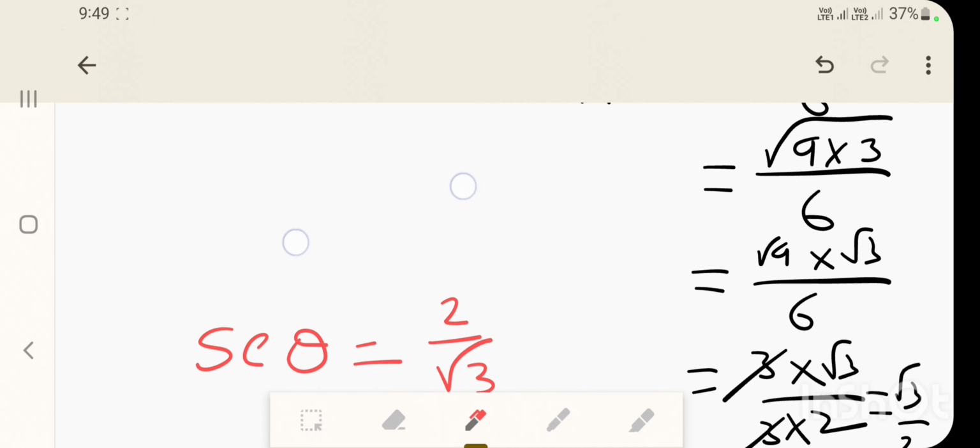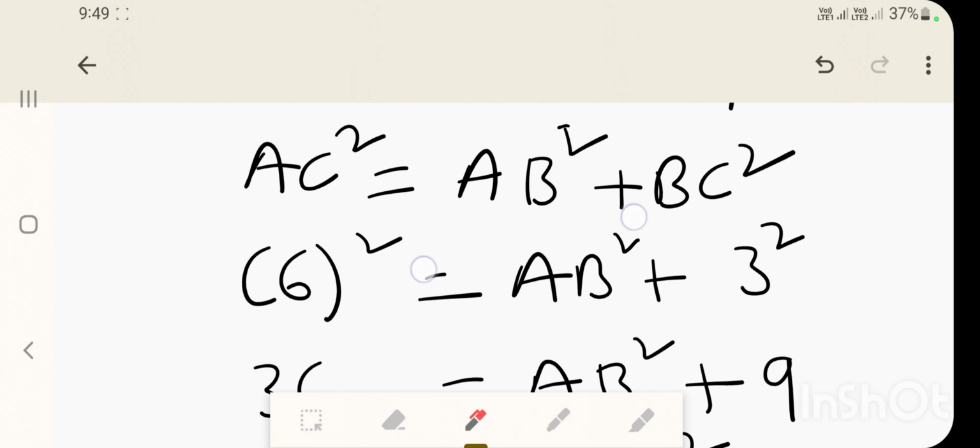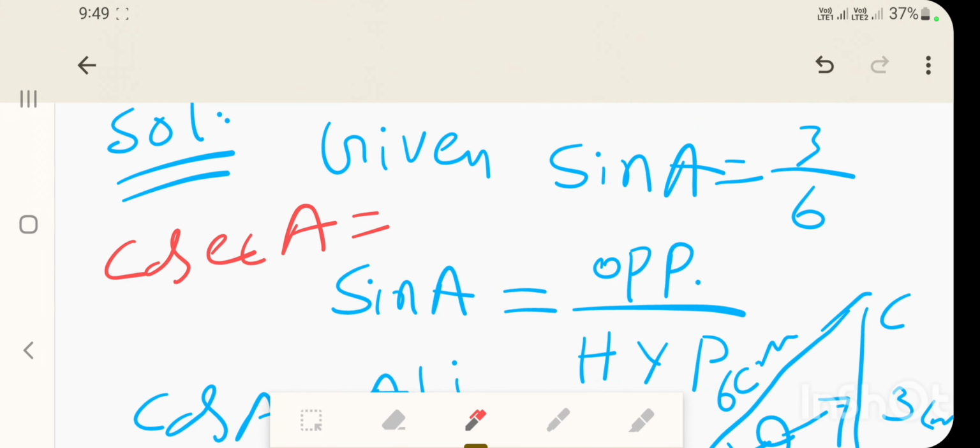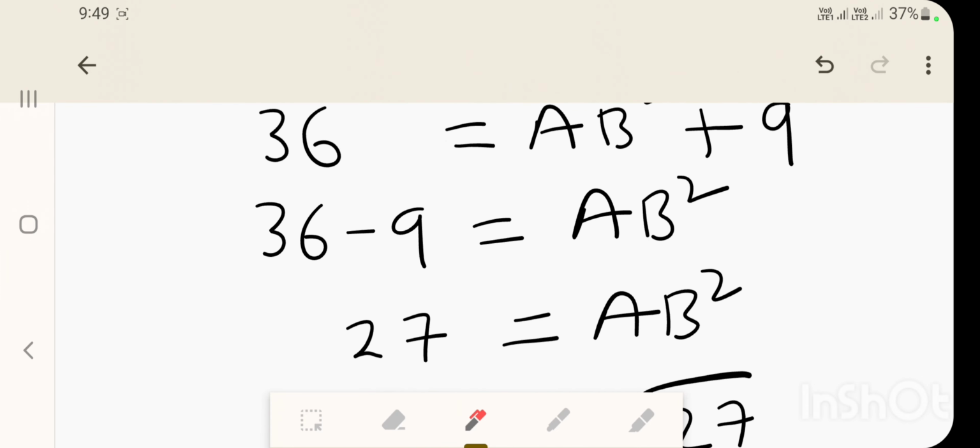And cosecant theta is nothing but reciprocal of the given sine, that is cosecant A, the opposite of sine, that is 6 by 3, that is going to be 2. So that is cosecant A.